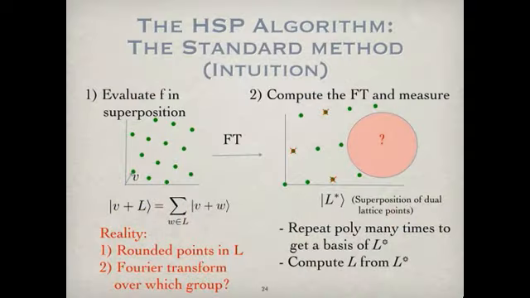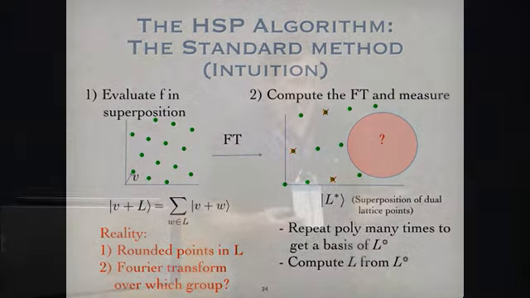Right? So the problem now, though, is there's more going on because we have real valued points. So these are all getting rounded all over the place. And Fourier transform over which group? Lattices are infinite objects, and you have to cut things off somewhere, and it's in high dimensions. If you start just trying to grind through it, like with the constant degree case, you can see that maybe you find some points somewhere, and some points might be missing, and in places you just can't even analyze it.